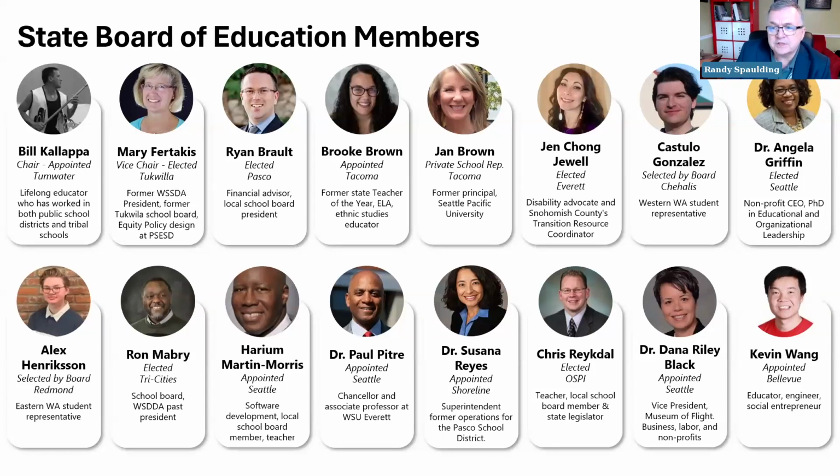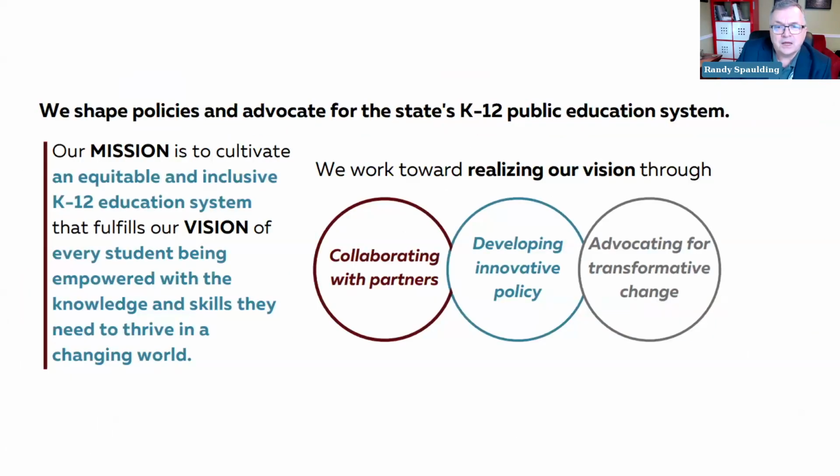The board provides oversight and advocates for our system of education in Washington. The board recently adopted our 24 through 28 strategic plan, which articulates our mission to cultivate an equitable and inclusive K-12 education system that fulfills the board's vision of every student being empowered with the knowledge and skills they need to thrive in a changing world.